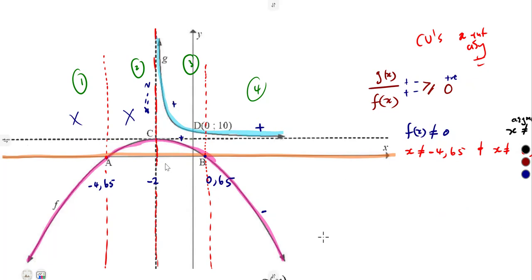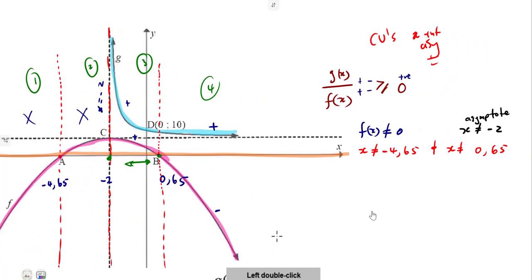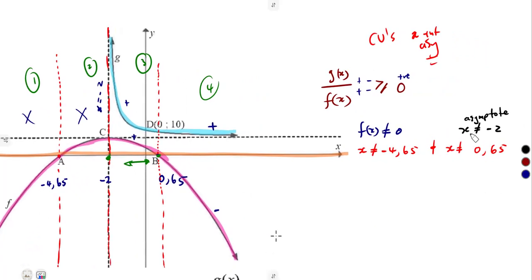So both are positive in between -2 at the asymptote, and B, the x-intercept. But remember what I said, here we must have a comparison when we are to answer our question, because there are other conditions that x cannot be equal to -2. So x is between -2 and 0.65.